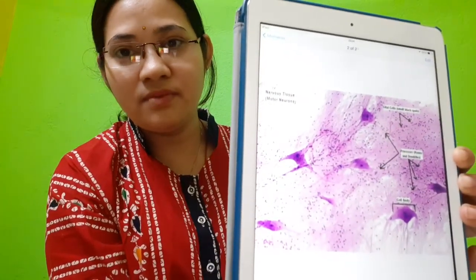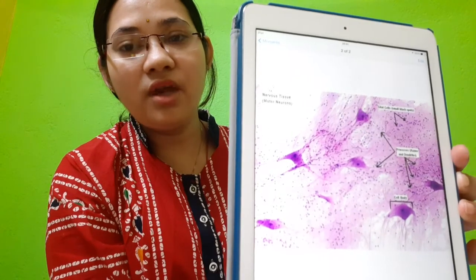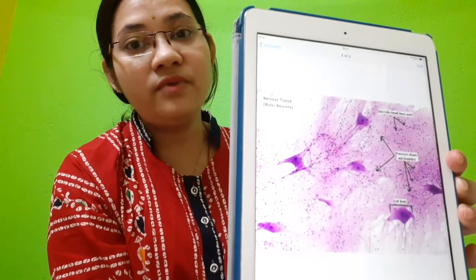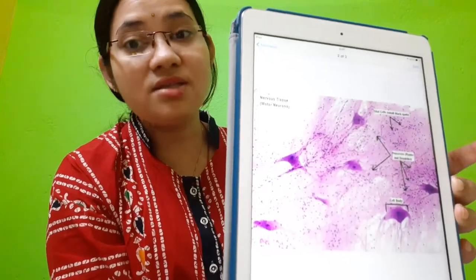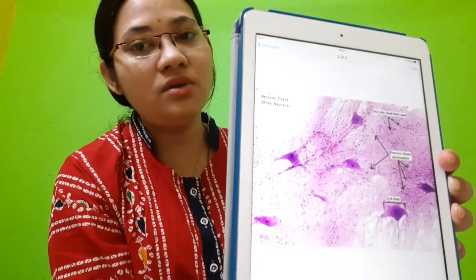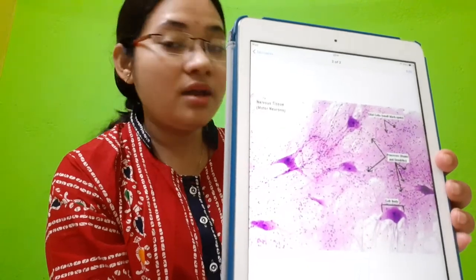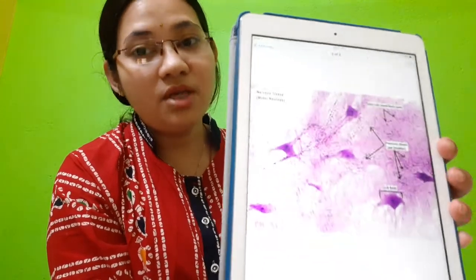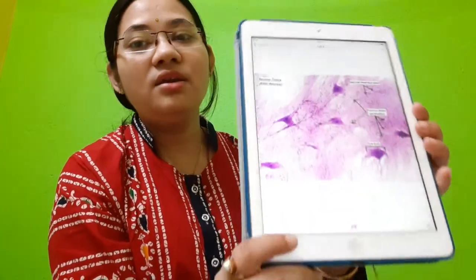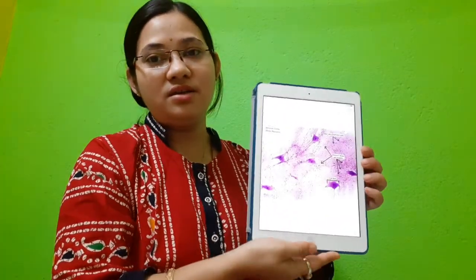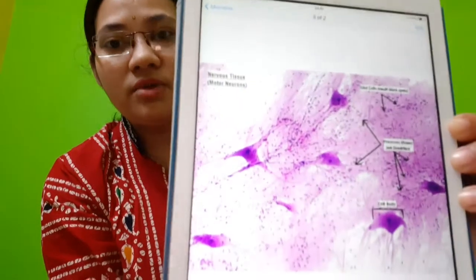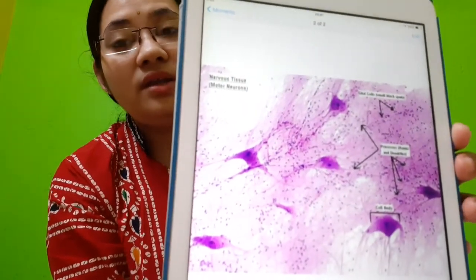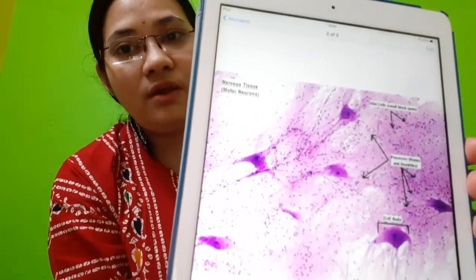Okay, cell bodies. And when we observe the slide of nervous system in our biology laboratory, we will see structures of this sort. So it is not going to appear like the diagram that I showed you just now, but it will appear like this, because inside our body the nervous tissue is scattered, and these are the cell bodies. Okay, and in between you can see a number of cells which are called neuroglial cells, which are protective in function.